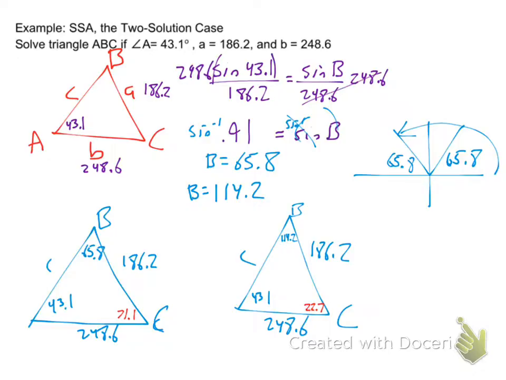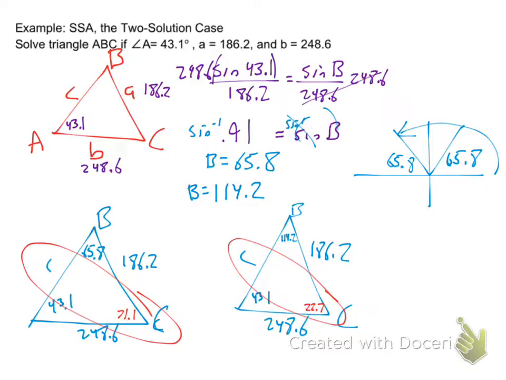And then, really what's left? Do the law of sines 2 more times so that you can find, using the partners, you will also use which original part. The original pair, which is 43.1 and 186.2.